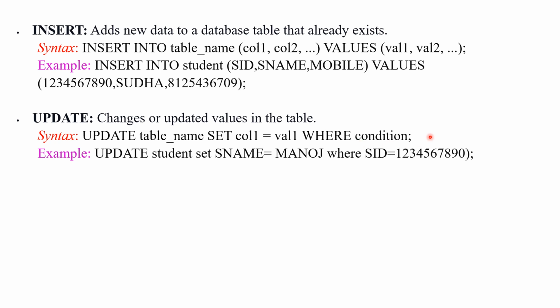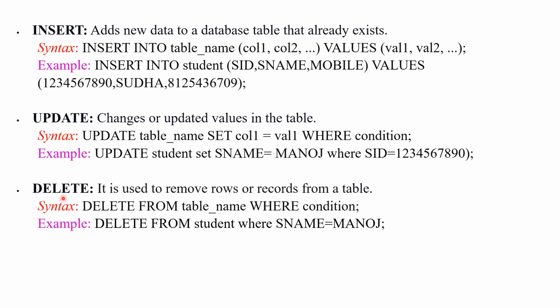So here by specifying the condition, we can modify only some of the rows or only one row. Example, update student set name is equal to Manoj where SID is equal to the SID value is this. So if you observe here with this roll number, the existing name is Sudha, but now we are modifying the student name with Manoj.